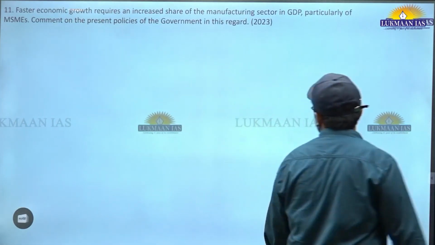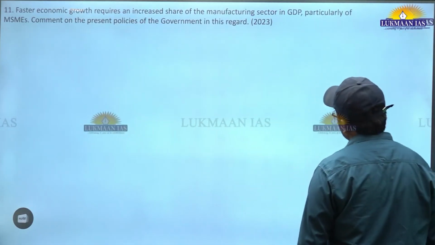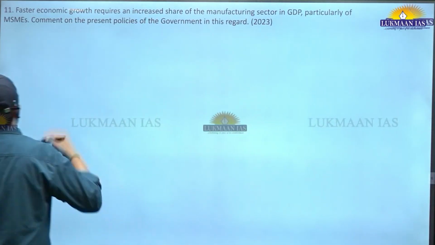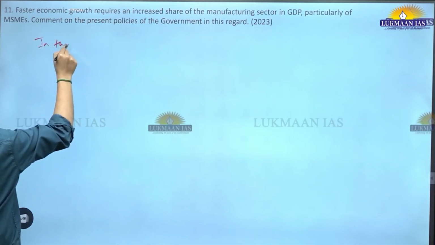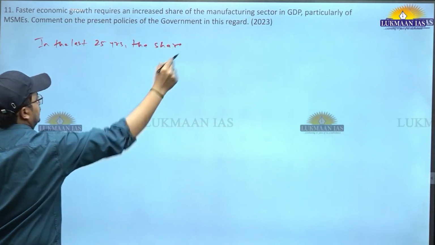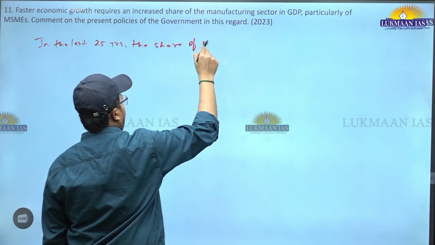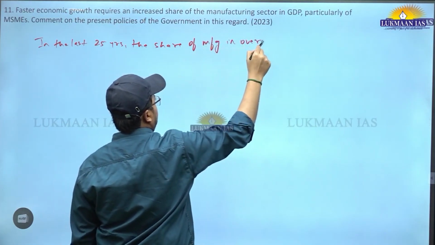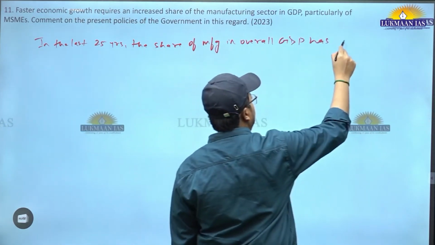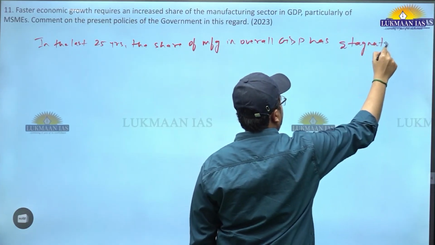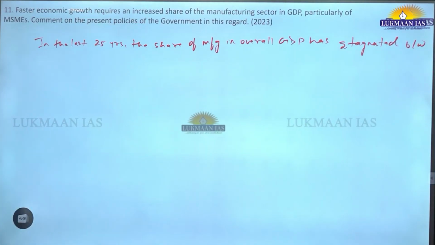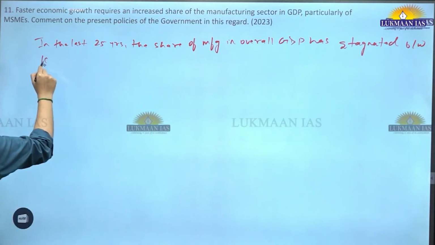Eleventh is, faster economic growth requires an increased share of manufacturing sector in GDP, particularly MSMEs. Comment on the present policies of the government in this regard. Okay. So, in the last 25 years, the share of manufacturing in overall GDP has stagnated between 15 to 17%.